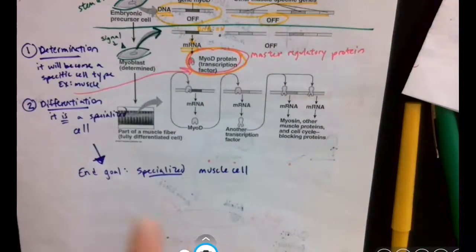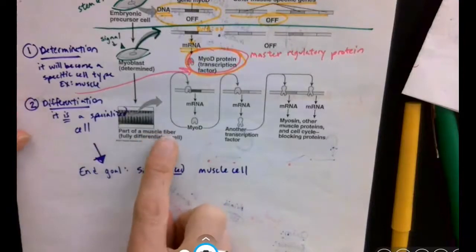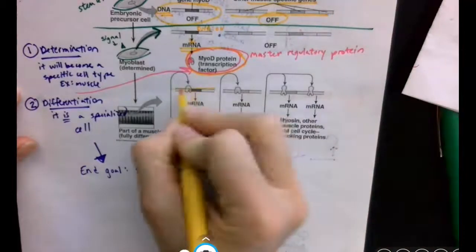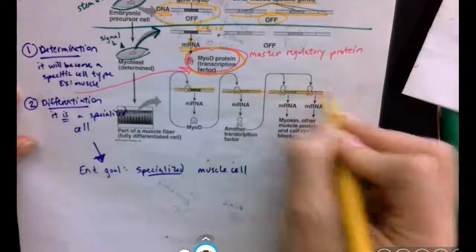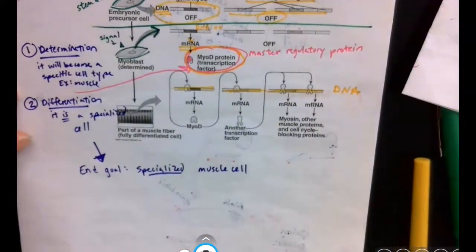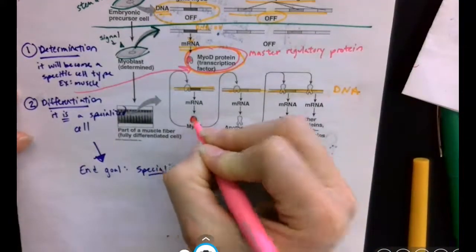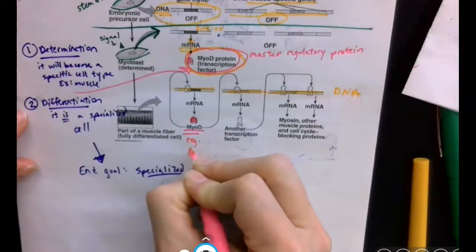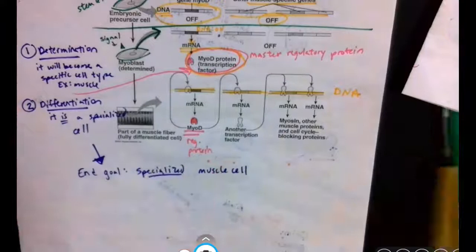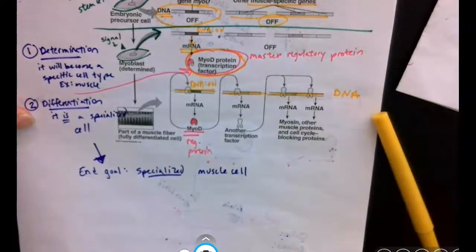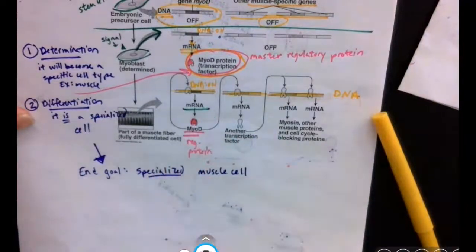In differentiation, it has become a specialized cell. How does that occur? Well, here's our DNA here, right? This is our DNA here. And this MyoD gene has already been turned on, right? Our regulatory protein is already on. So the DNA is on, it produces its mRNA, and the regulatory protein has been produced.